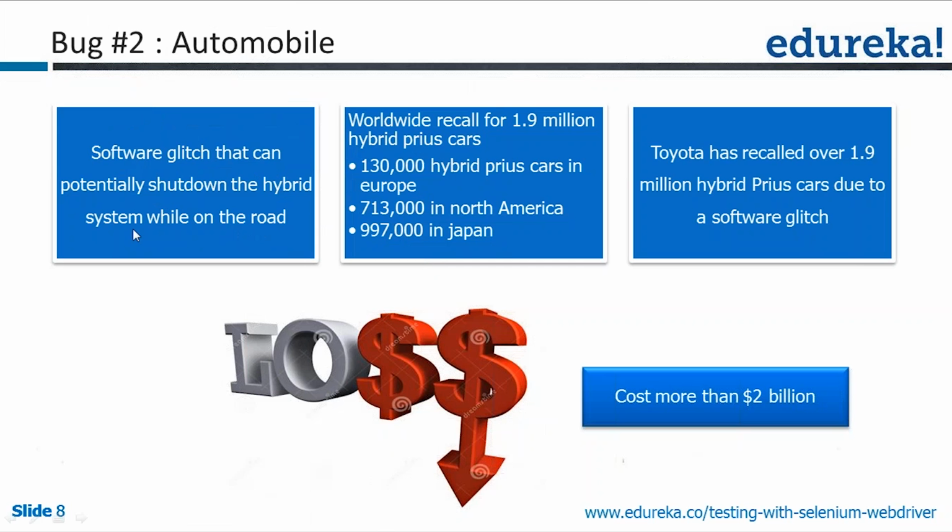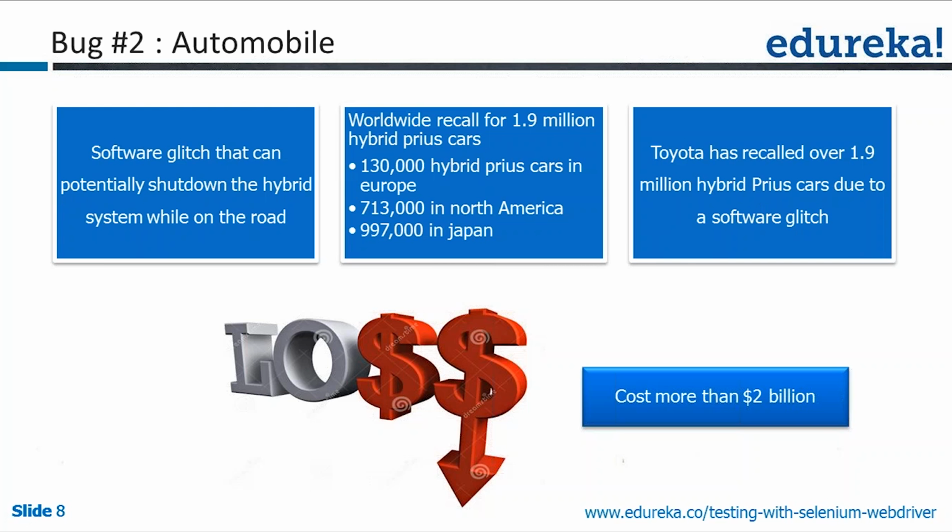That may cause a life-threatening issue, right? So to protect Toyota's reputation, Toyota recalled more than 1.9 million hybrid cars so that they could fix this issue for those individual cars.